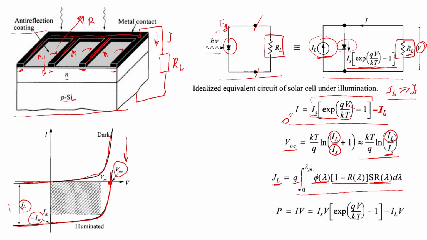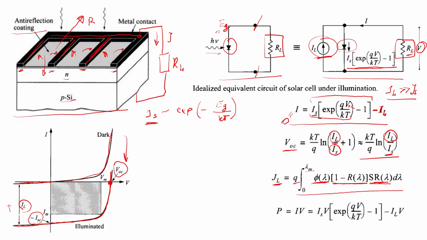What is important to underline here is that saturation current depends inversely exponentially on the band gap. So IS is proportional to exponent of minus EG divided by kT. So it has a very strong dependence on the band gap, and for a larger band gap the saturation current will be smaller than for a smaller band gap.